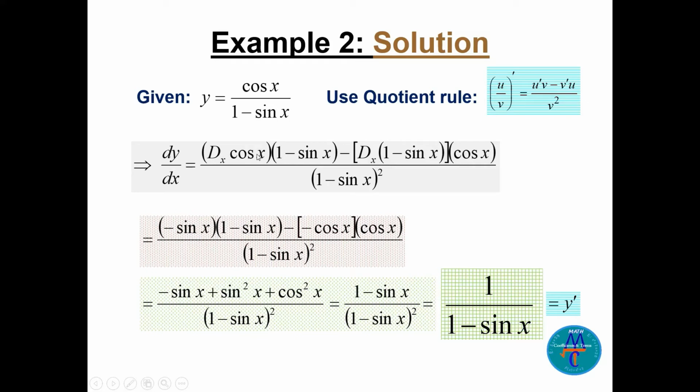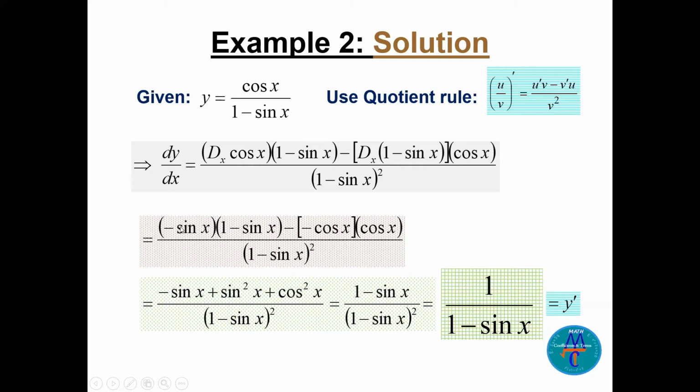So the derivative of the cosine of x is minus sine of x, and here we have a bracket, 1 minus sine of x, minus the derivative of this. The derivative of 1 is 0, and the derivative of the sine of x is cosine of x, and there is a minus, so we have to leave it there, times the cosine of x, which is the u, over something squared.